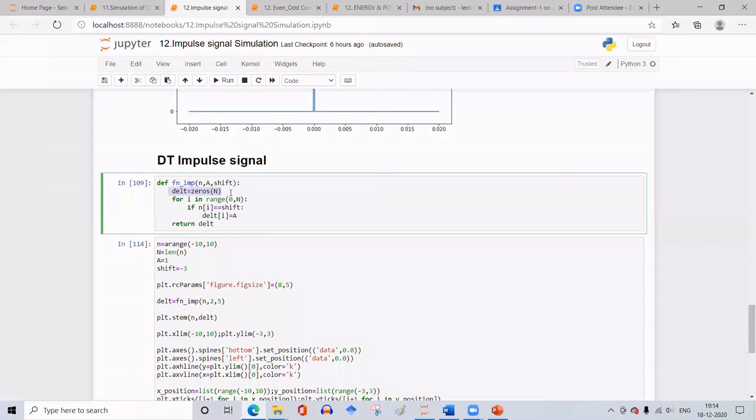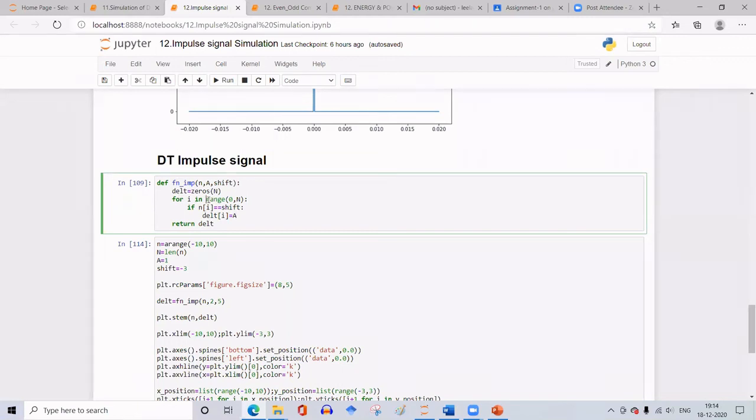I must replace only that 0 which is at the value shift with a value equal to a, and retain all the other zeros as they are. That will generate a general impulse of strength a at the location given by this shift. Same for loop here as for generating the step signal.